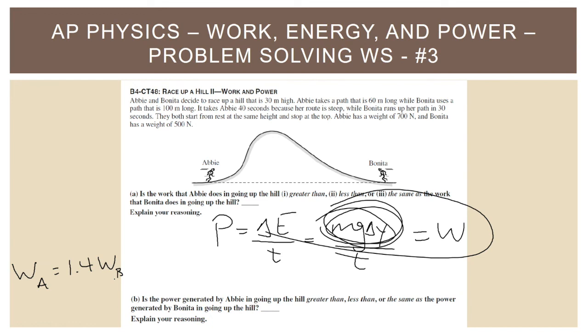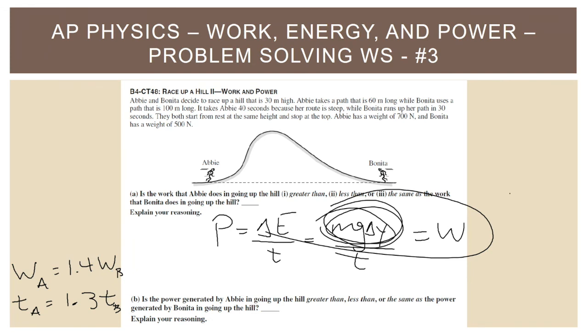That's because her weight, 700 newtons, is 1.4 times larger than Bonita's weight. However, according to the text of the problem, the time that Abby takes is 40 seconds, while the time Bonita takes is 30 seconds. And 40 is only 1.3 times bigger than 30. And so Abby's time is 1.3 times bigger than Bonita's time.